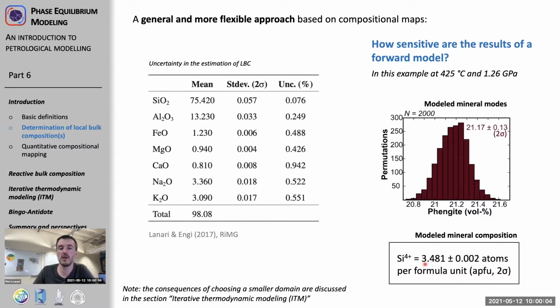The result would be in the model 3.48 plus or minus 0.002 atoms per formula unit, again at 2 sigma, which means that in this case, the uncertainty on your local bulk composition has very little effect on the position of the isopleths in your phase diagram, especially in this case, tested only on one pressure and temperature condition.